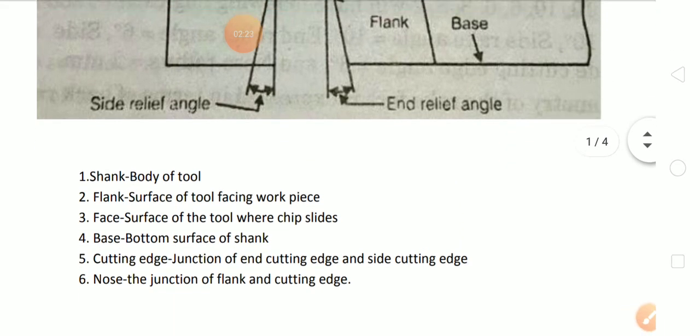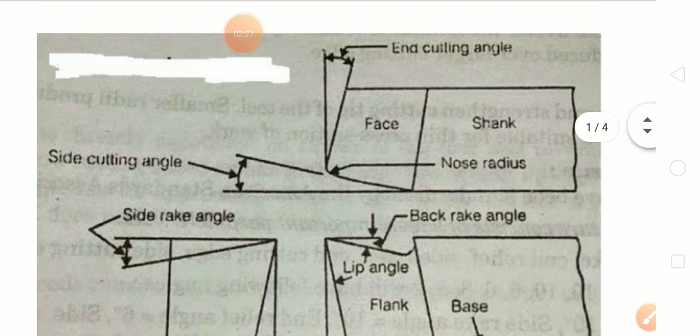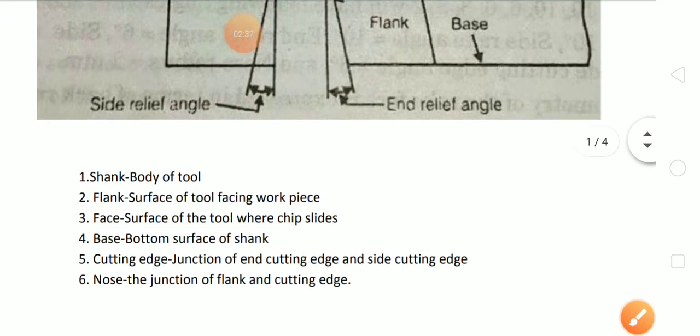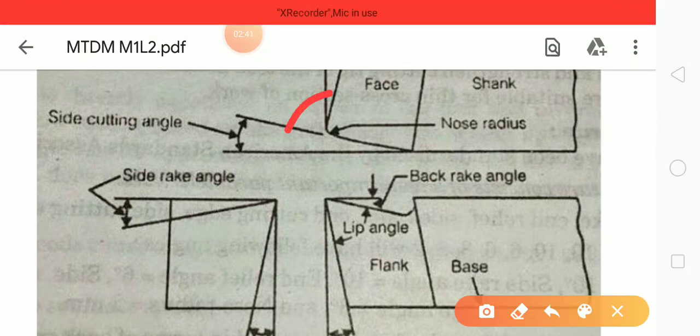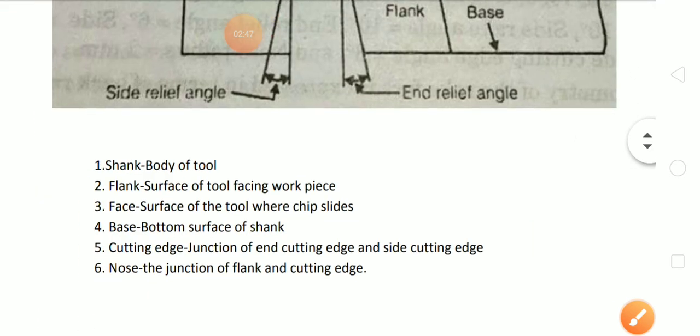And then the cutting edge. In this tool you can see two cutting edges: one is the end cutting edge, and one is the side cutting edge. The junction of the end cutting edge and side cutting edge is called the cutting edge.